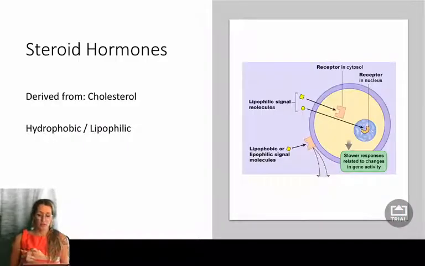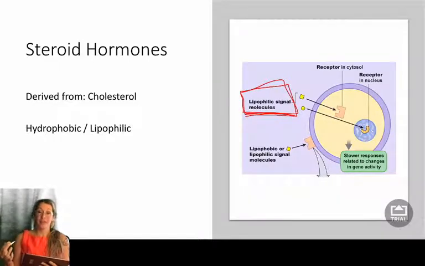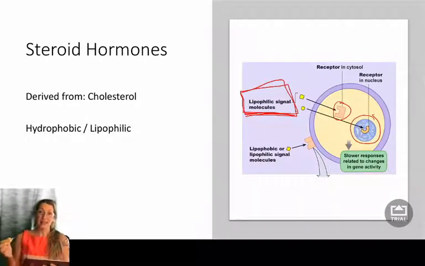The vast majority of the time, the receptors for steroid hormones are going to be inside the cell. They're lipophilic signal molecules, these right here. They're lipids, they like lipids, and that means they can pass through the phospholipid bilayer. So their receptors are either going to be in the cytosol or inside the nucleus.